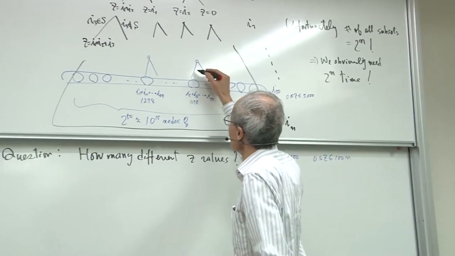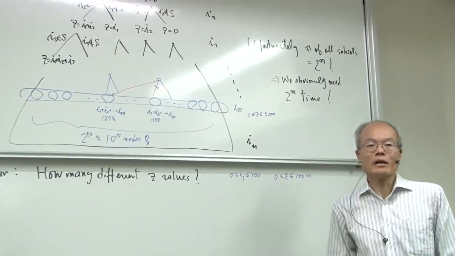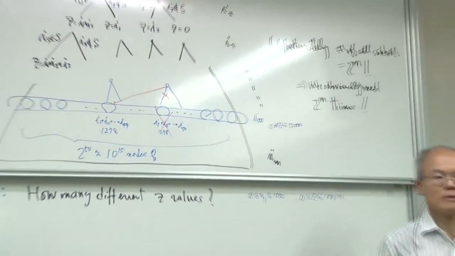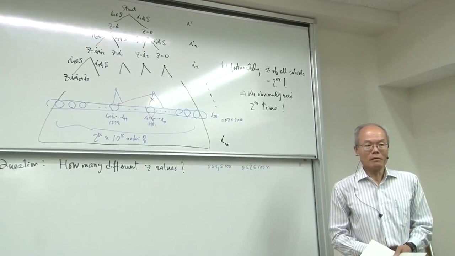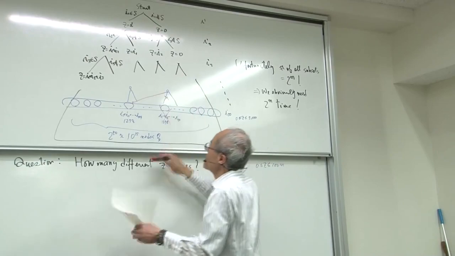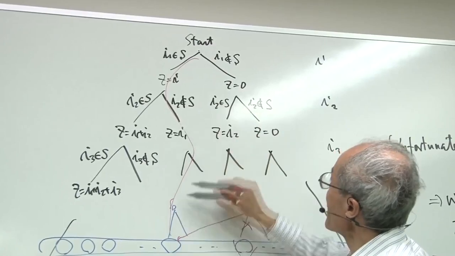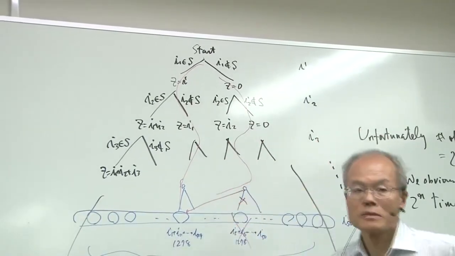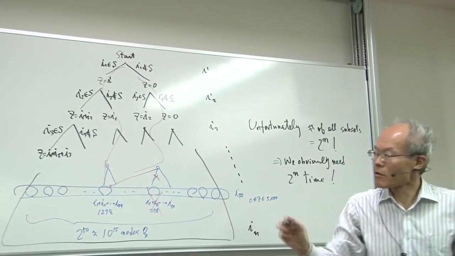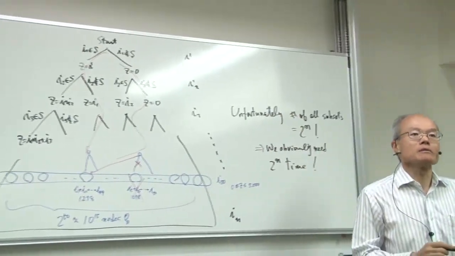So you change this here, and you don't need this node. Because up to here there may be this path and that path, which are different but make the same z value. So from here, only one case should be considered.